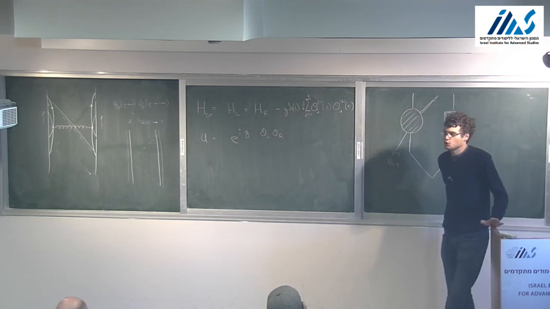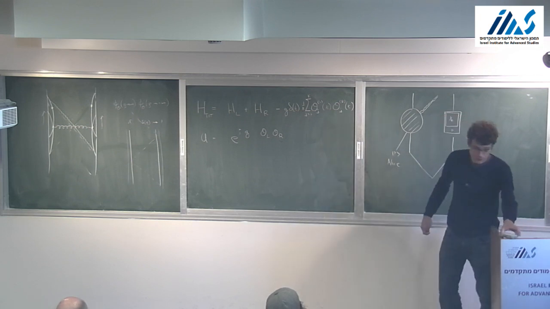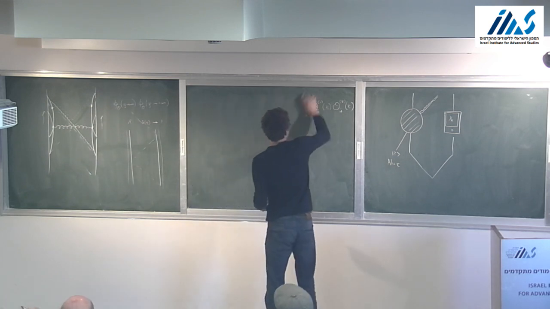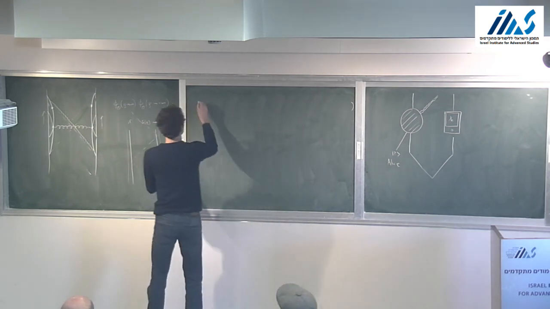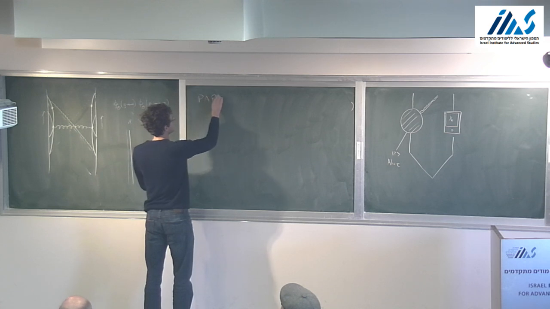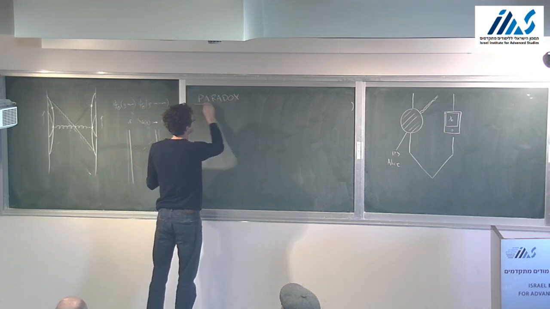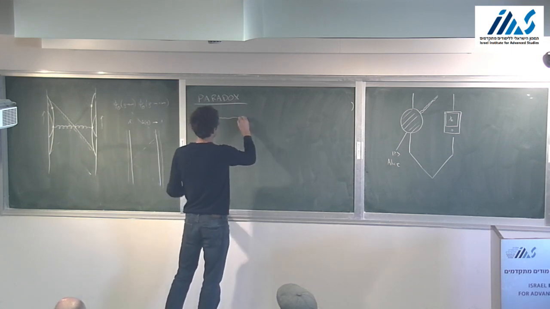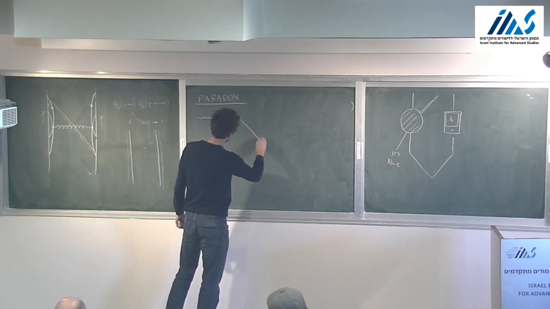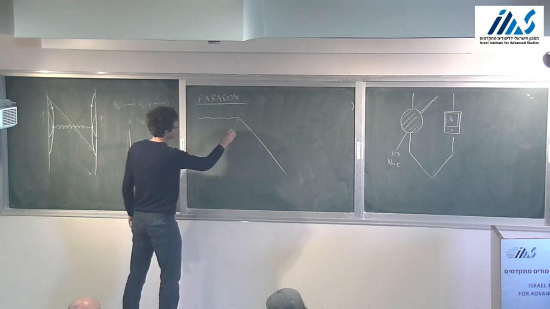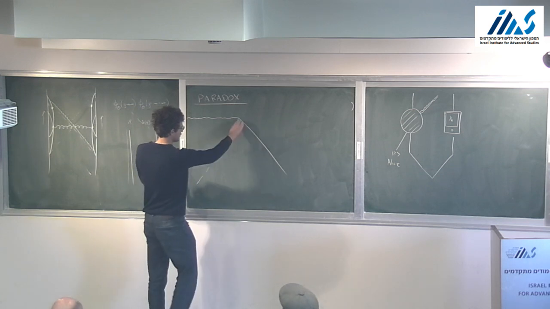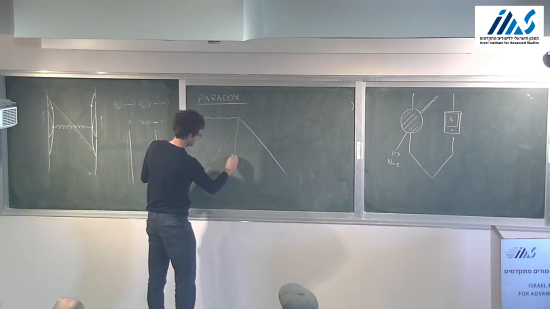Now, this led to a type of funny paradox. So the paradox is based on the following. I'm going to draw a Penrose diagram for a black hole, let's say in flat space. Maybe this one is more familiar. So outside the black hole over here, we have the quantum computer.